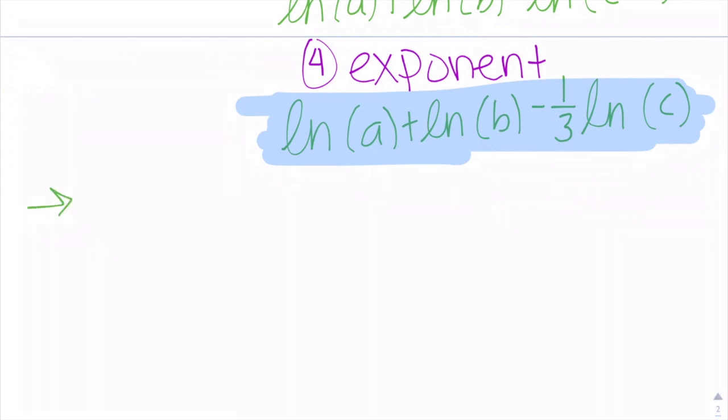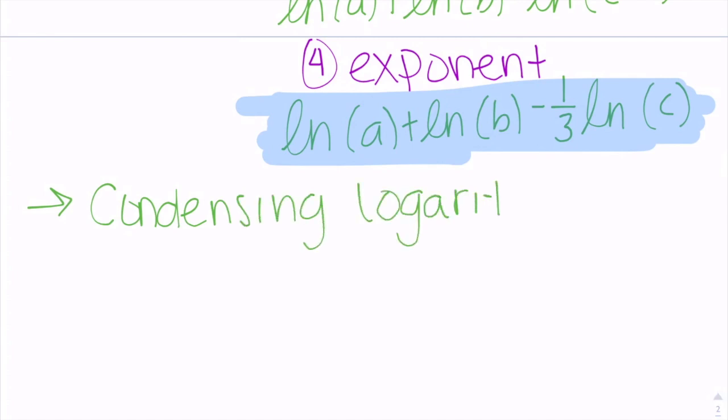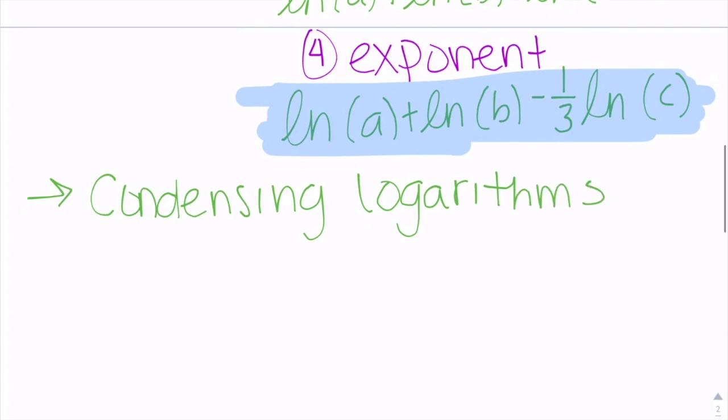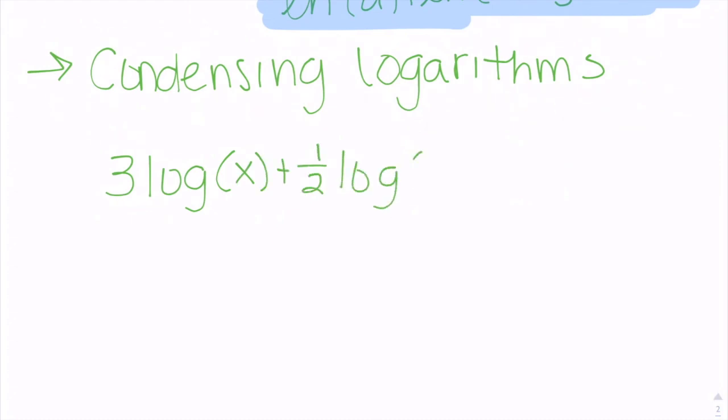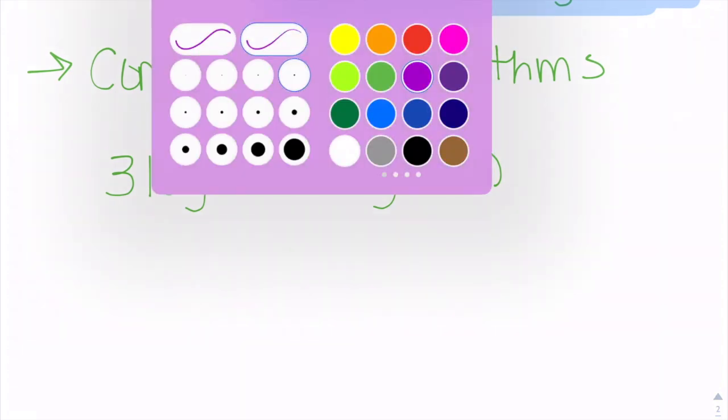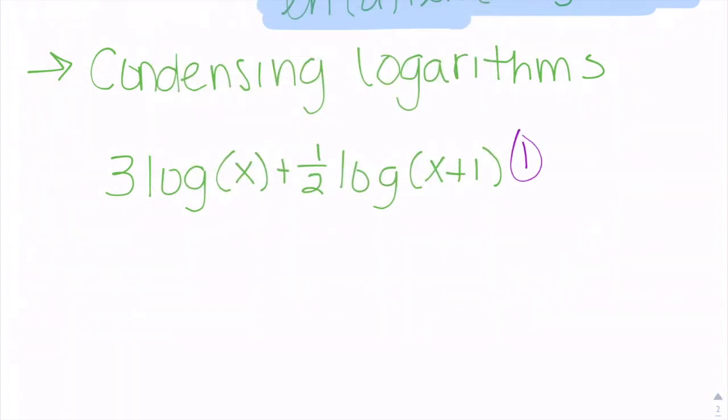Now the next example we're going to do is going to be going backwards, and we're going to condense the logarithm. And so if I give you 3 log of x plus 1/2 log of x plus 1, we want to condense this into one single logarithm. And so the first thing we're going to do is we're going to deal with the exponents.